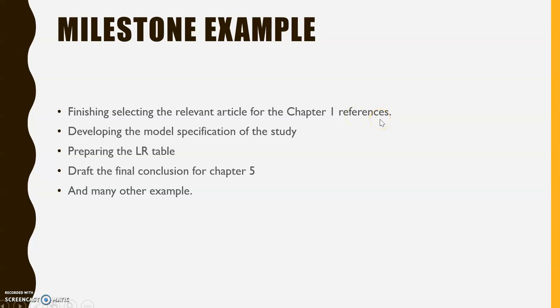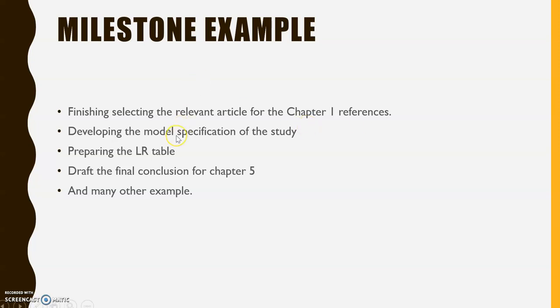Okay, meaning that in the Gantt chart, you have readings. Inside the readings, you have the milestone of finishing selecting the relevant articles for the chapter 1 references. That's a milestone, one of the milestones in the Gantt chart of readings.